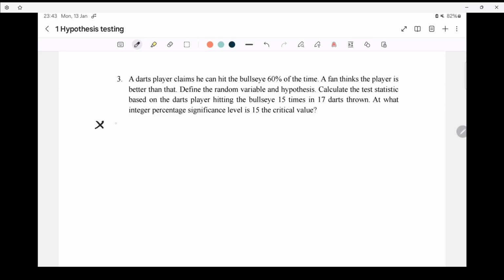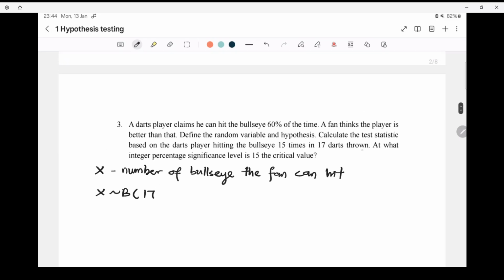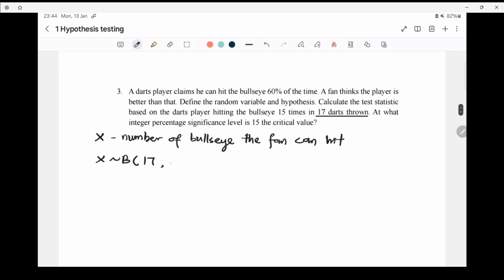So your random variable, let's put it as X, will be the number of bullseyes the fan can hit. So this is still a binomial distribution. You are throwing 17 darts and out of that is 15. So probability of success is 0.6.